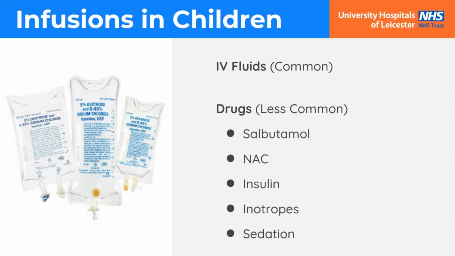The doses and the calculations for drug infusions can be found in the guidelines that are specific for those conditions, or also on Insight and on the CICU drug posters that we have around the department. But we'll leave them from this point in this video and focus on IV fluids, which is much more common.